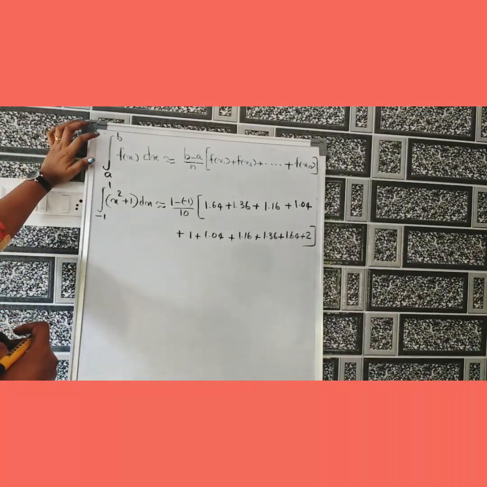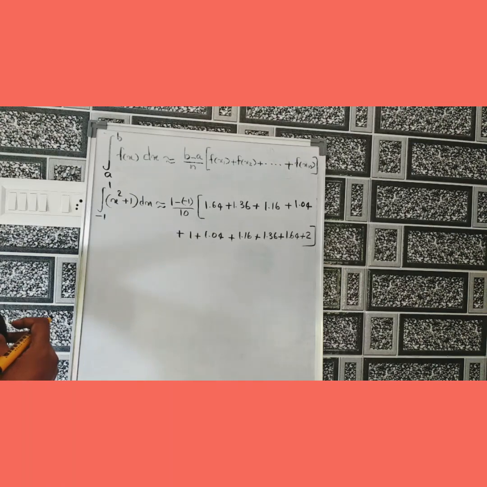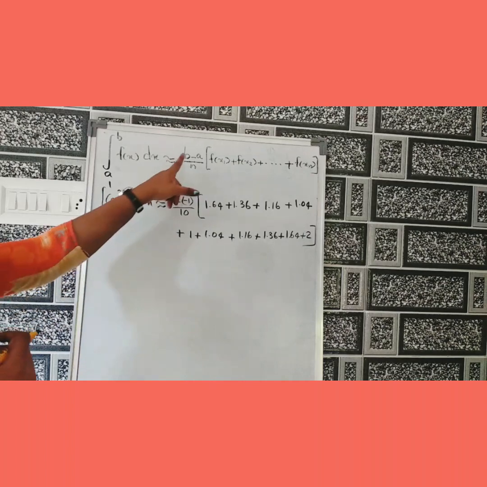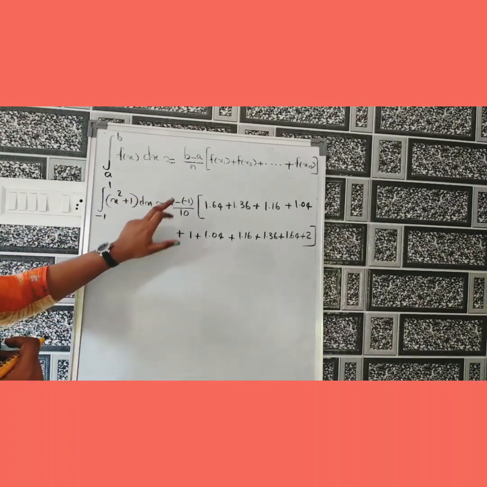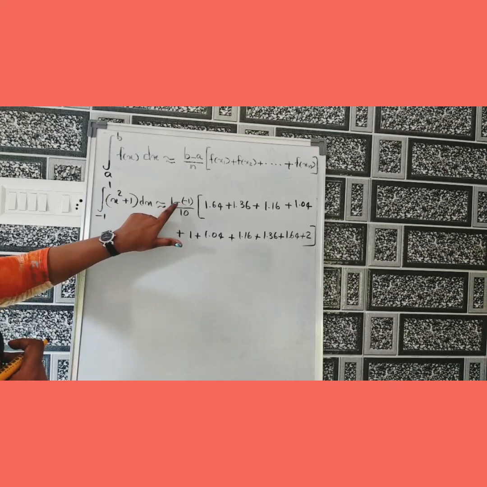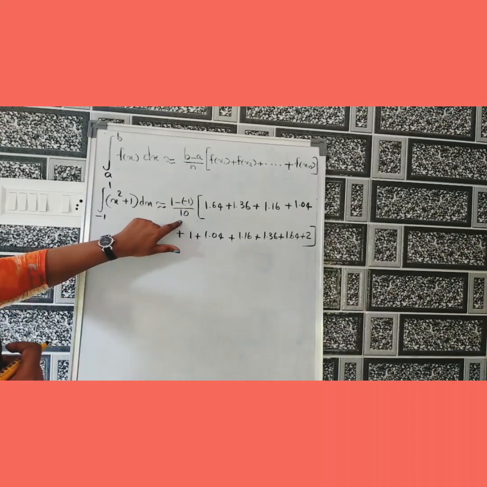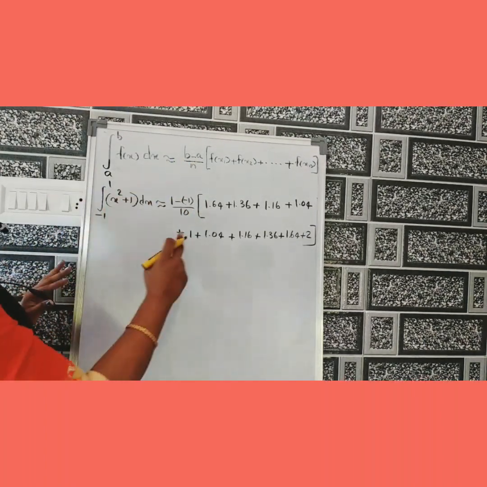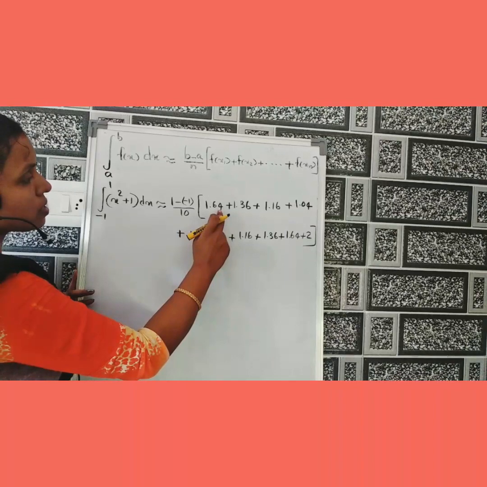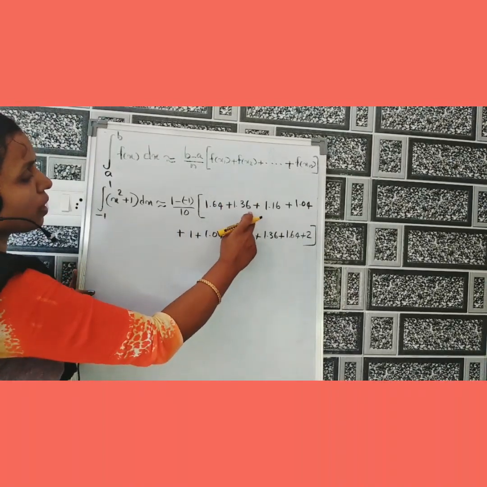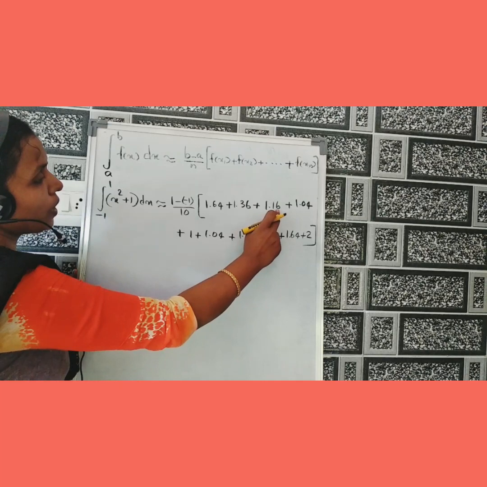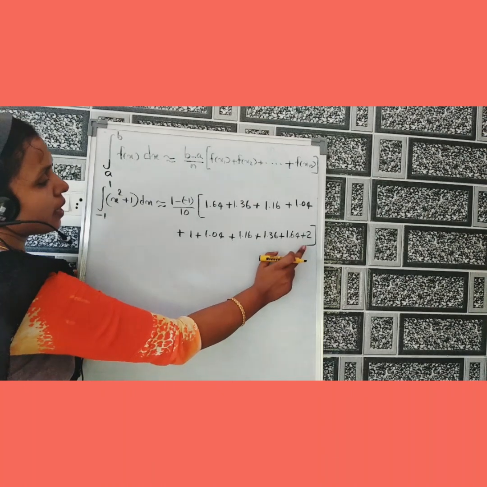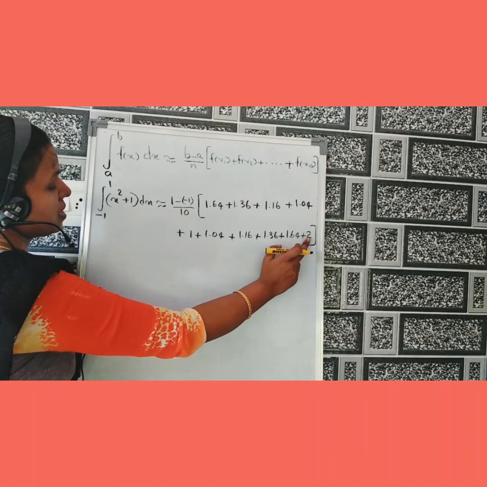Using this formula, we calculate the integral from negative 1 to 1 of x square plus 1 dx, which is approximately equal to (b minus a) by n. Here b is 1 and a is minus 1, so we put 1 minus minus 1 divided by n, which is 10, into f of x1. From the table we can write f of x1 as 1.64, f of x2 as 1.36, f of x3 as 1.16, f of x4 as 1.04, and similarly f of x10 is 2.